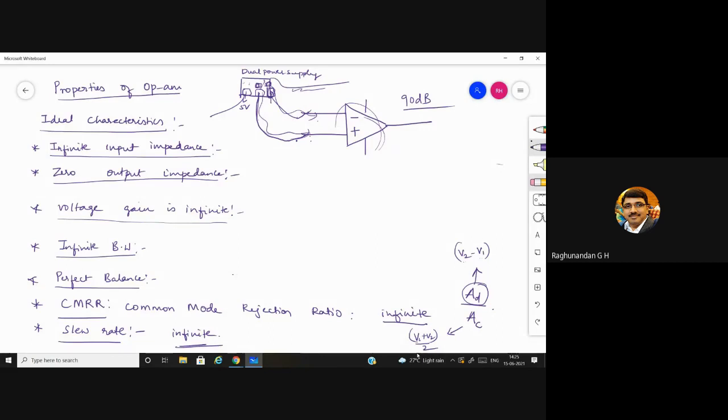The rate at which output changes with respect to input is known as slew rate. You have a device here and you are giving input here and output here. If you are telling slew rate is infinite, that means as soon as you start increasing, instantly it will be increasing. If you increase here, suddenly it will increase here.